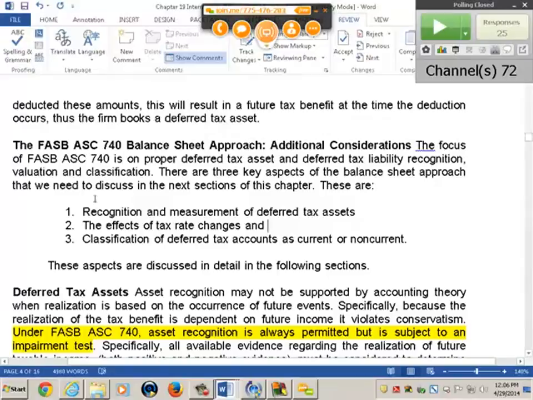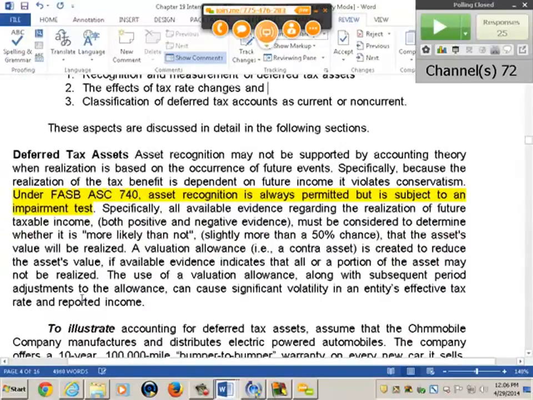Also, we're going to get to tax rate changes in a second, but deferred tax assets are going to be critical, so let me give you a little bit of background on deferred tax assets. Now, there's an example right below that I'll ask you to work on if you want to use it as an illustration.